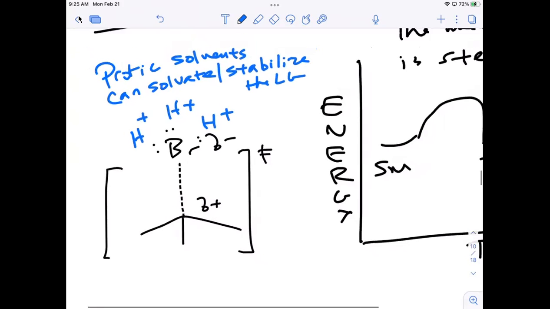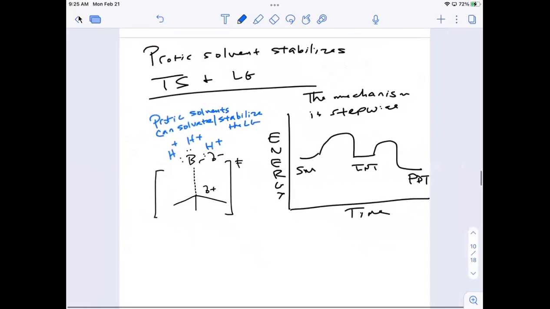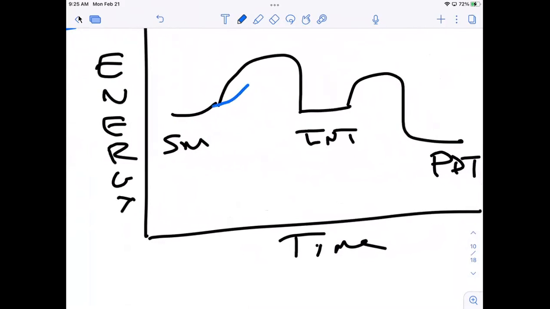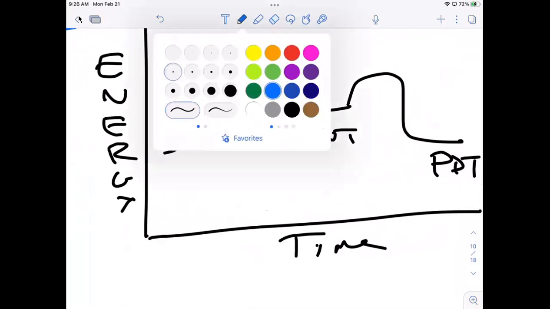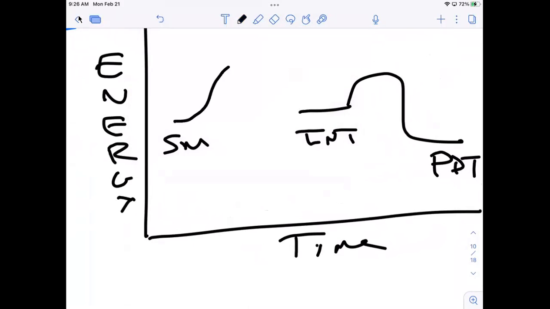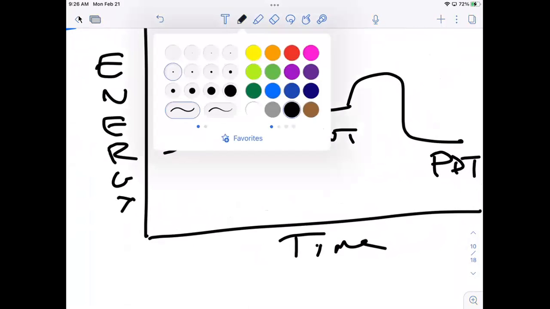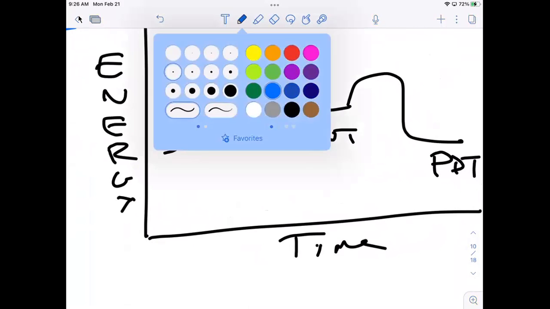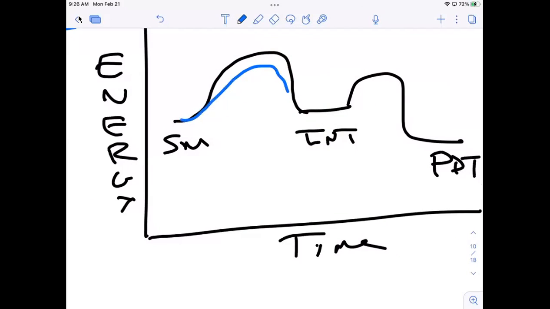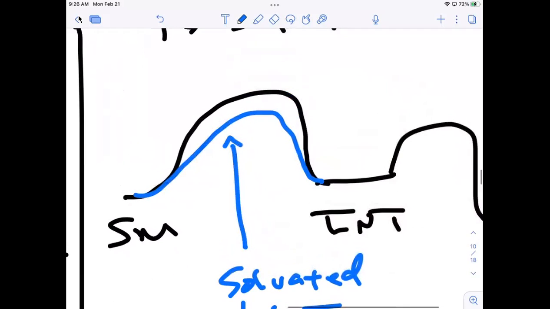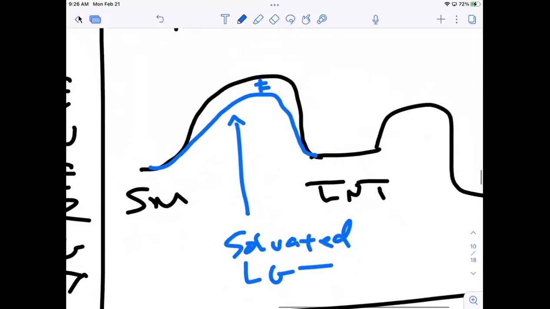All right. So when you do the SN1, the transition state would actually be here, lower in energy.